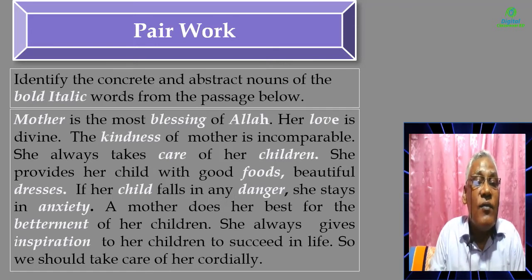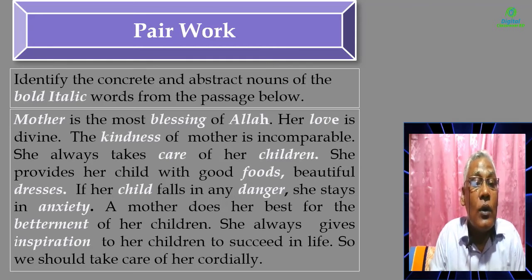Her love is divine. The kindness of mother is incomparable. She always takes care of her children. She provides her child with good foods, beautiful dresses. If her child falls in any danger, she stays in anxiety. A mother does her best for the betterment of her children. She always gives inspiration to her children to succeed in life. So we should take care of her cordially.